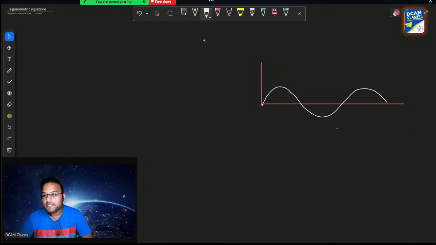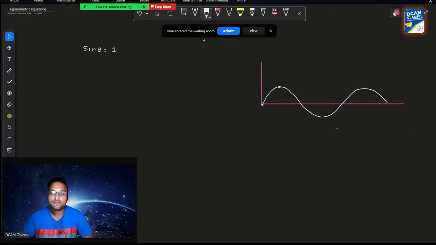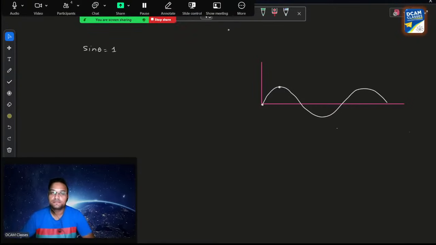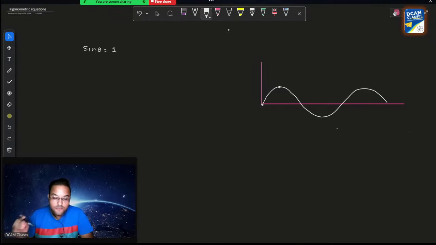See, the problem is when I'm asking the value 1, suppose I have given in the question sine theta is equal to 1. It is a simple one. Now what angle will I take? Because sine theta is equal to 1, you will get it at different points.